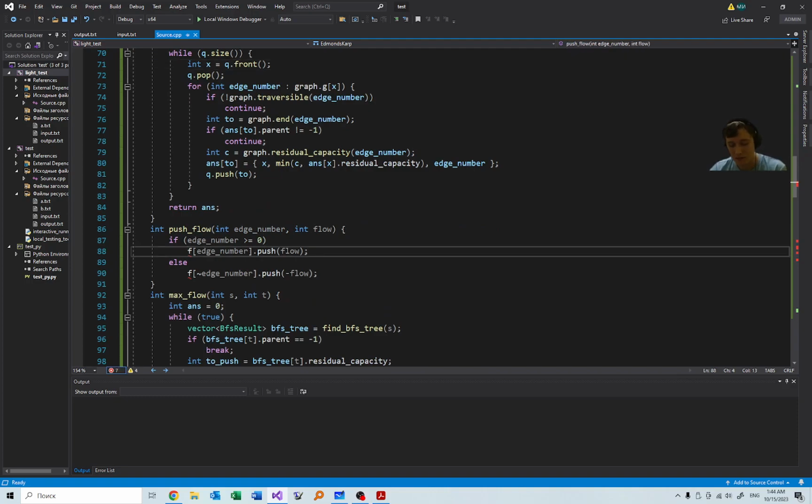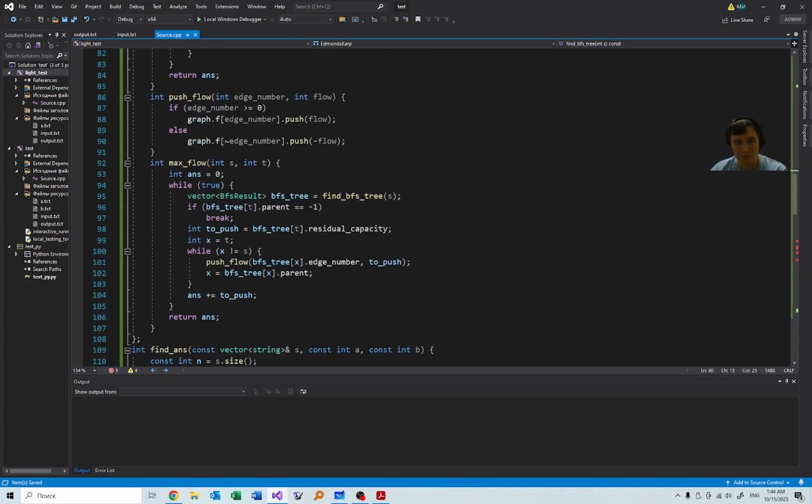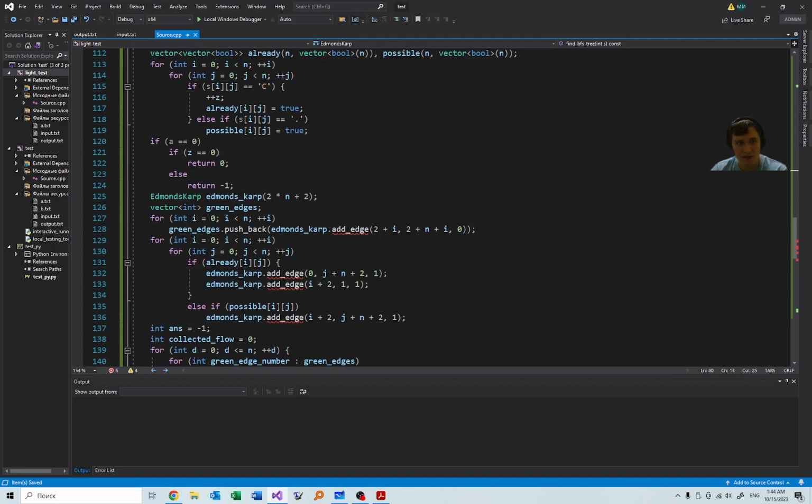Okay, now. Okay, so let's fix a bit here. So what I really have is a graph of Edmonds-Karp.